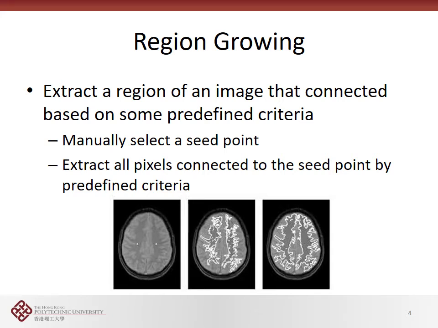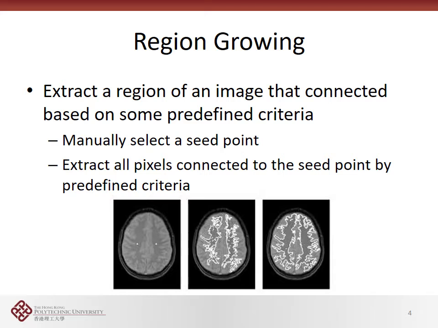The next commonly used method is region growing approaches. In such an approach, the user extracts a region of an image that is connected based on some predefined criteria. Such a method usually has two steps.